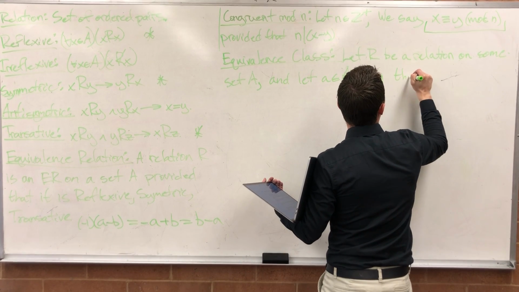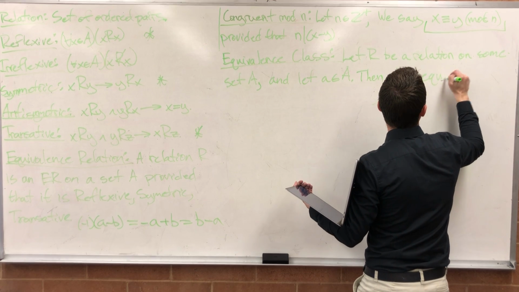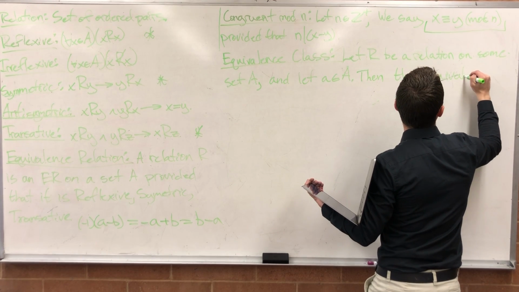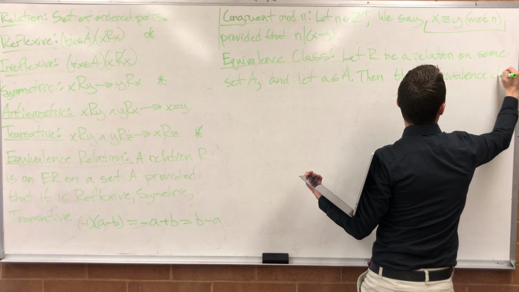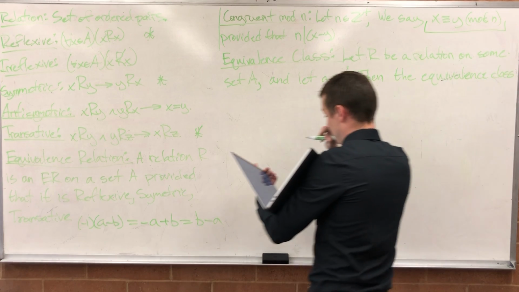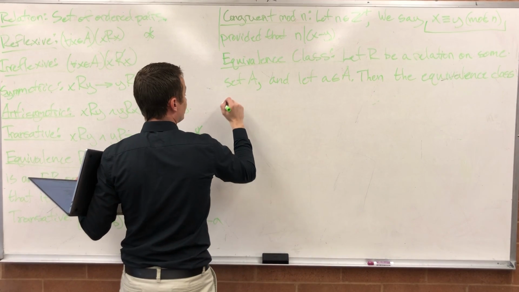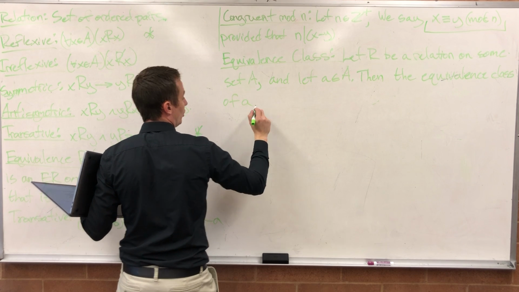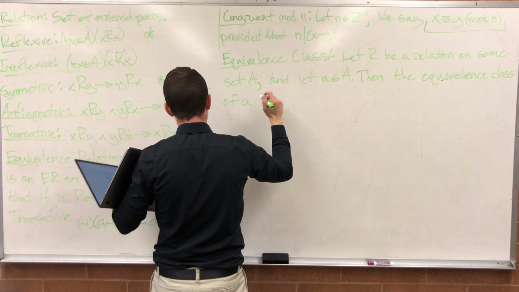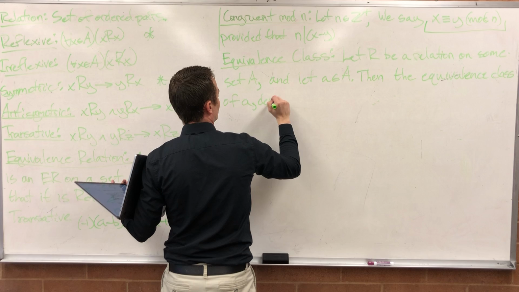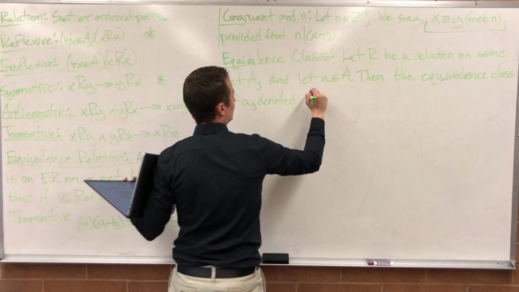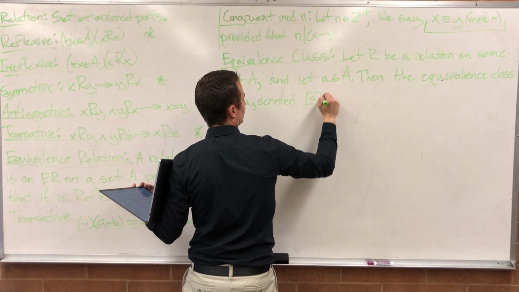Then, the equivalence class of a, or of Debbie, comma, denoted. We use this notation to specify the equivalence class.